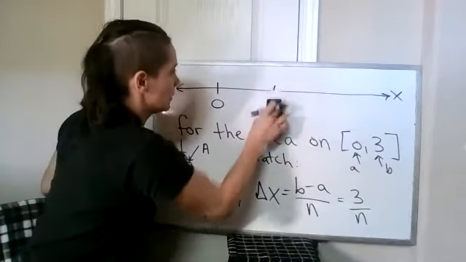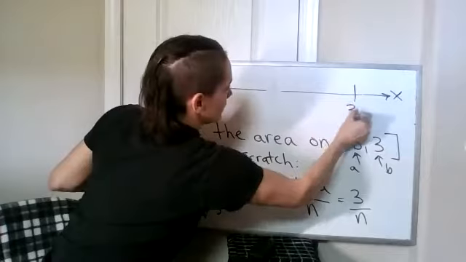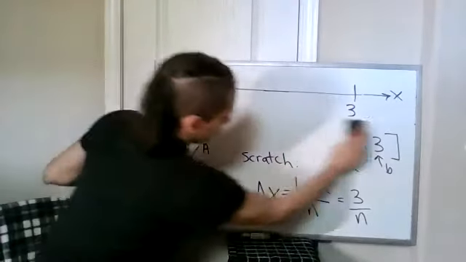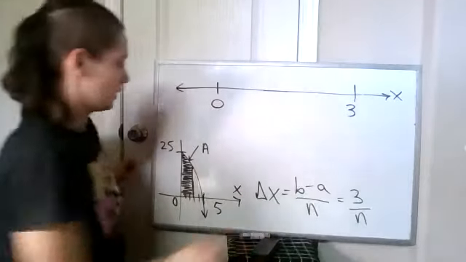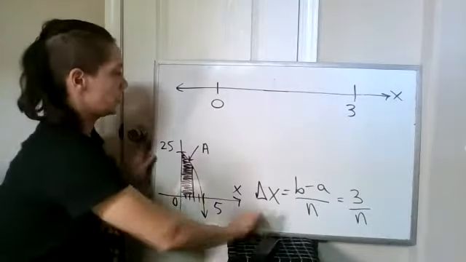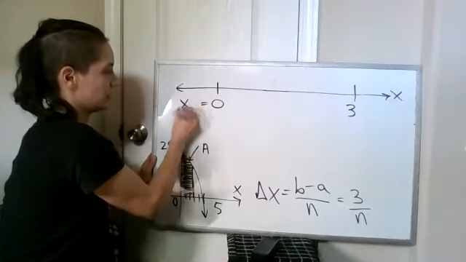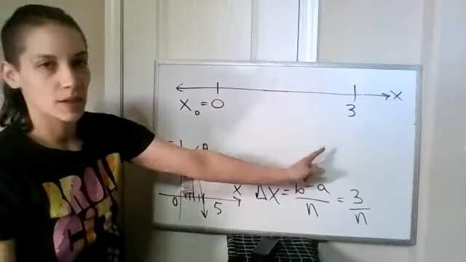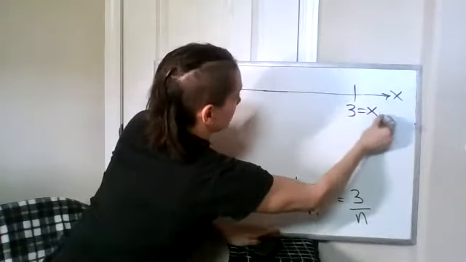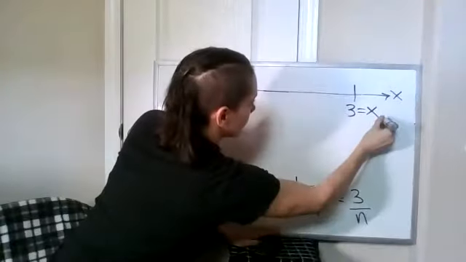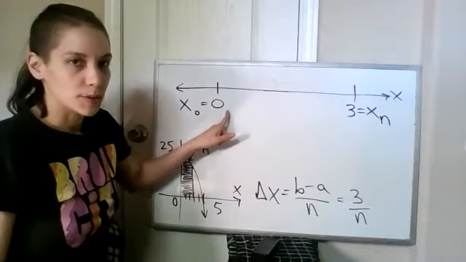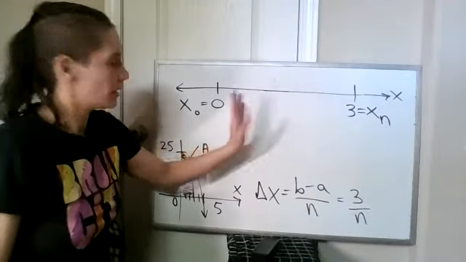Let's just put 3. 0 would be x sub 0, the first x value. 3 we call x sub n. Okay, after x sub 0, there's x sub 1, x sub 2, x sub 3, keep on going.